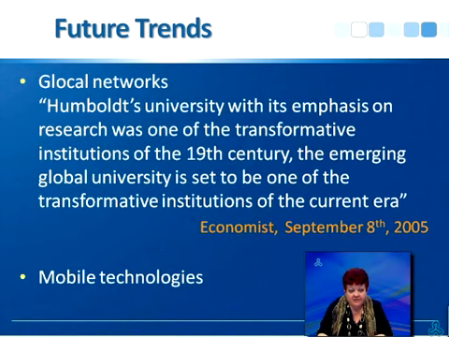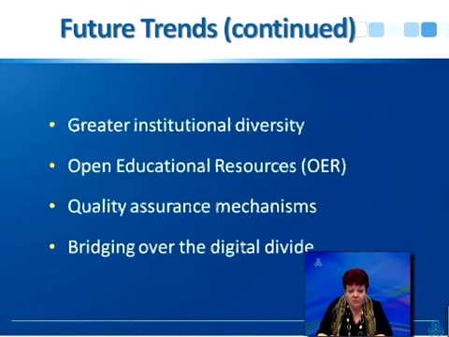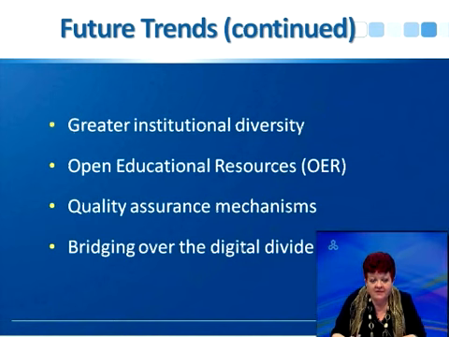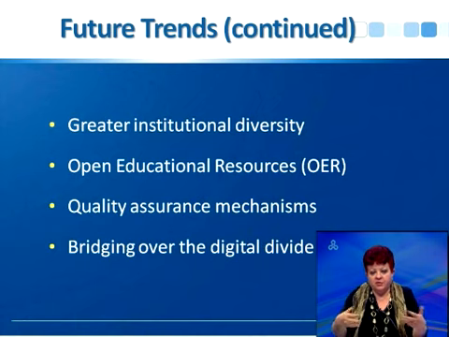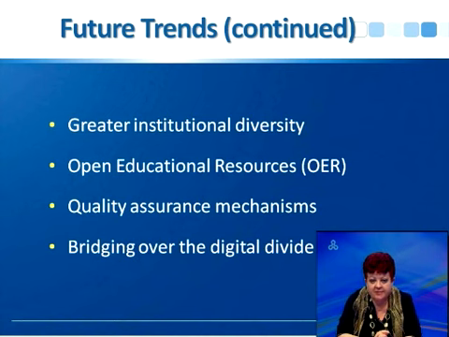You have right now a huge institutional diversity, but the diversity is going to become even greater in the future. One of the important issues which is taking place right now and getting more momentum is open educational resources. Universities put their best practices and best materials online, like the OpenCourseWare of MIT and other universities.